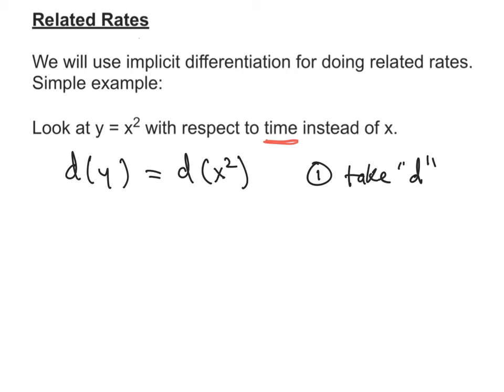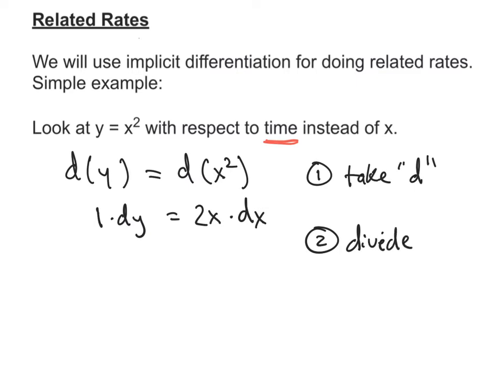Okay, but then what we can do is this: the derivative of y is just going to be 1 times dy, and then the derivative of x squared would be 2x, and then a hidden chain rule, dx, okay? And then what we do here is divide by time.